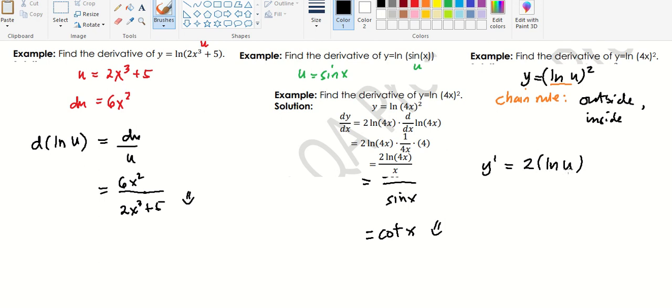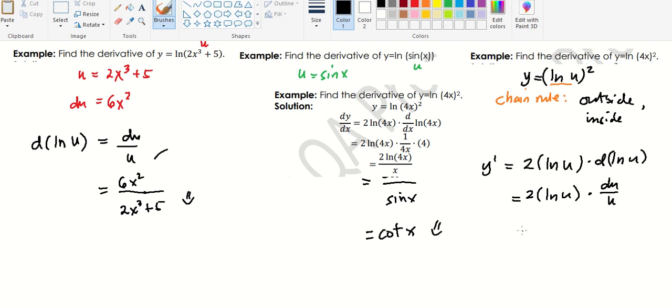Then, ang gagawin natin dito, i-derive natin yung inside. So, ano ba ang derivative nitong ln u? Okay? So, we have 2 ln u. Ano nga ba ang derivative ng ln u? Siyempre, yung formula natin, ito yun, di ba? So, we have du over u.